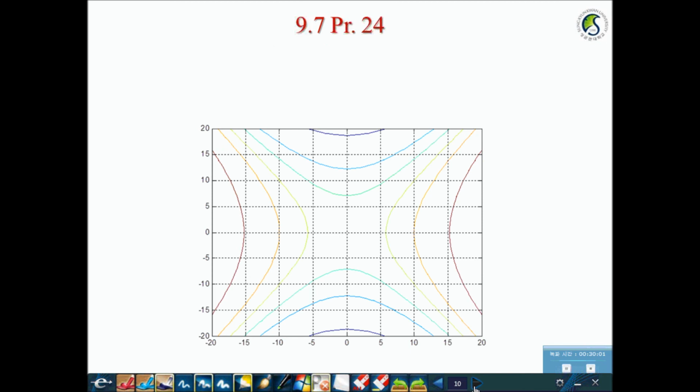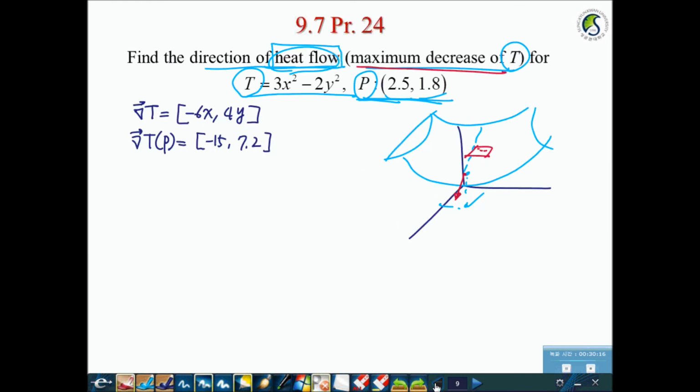If you draw that, P is about 2.5 here, 1.8, so that's P. And you have to go minus 15 and plus 7.2.